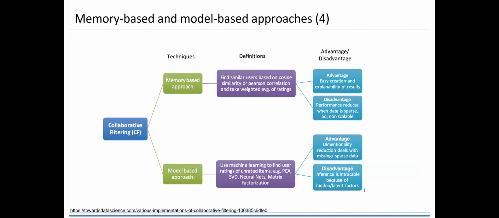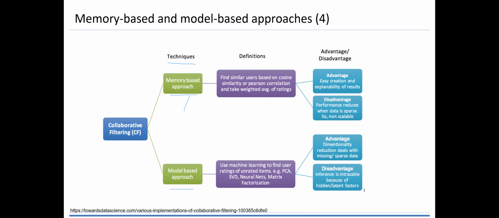So if I can draw a kind of diagram to distinguish between the memory-based and the model-based, you can look at this diagram. So collaborative filtering can have two different techniques. The first is the memory-based approach, and the other is the model-based approach.